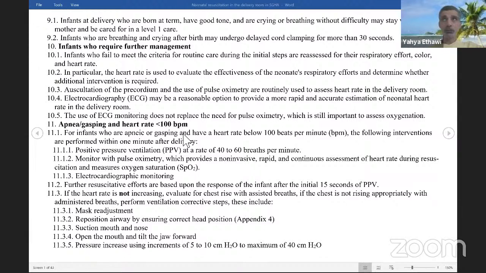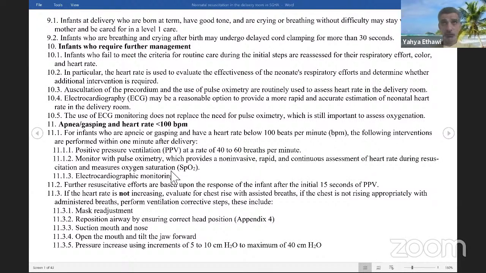When we decide to provide chest compression, we have to have effective ventilation, which means at that point we might think of intubating the baby. When we provide positive pressure ventilation, it should be somewhere between 40 to 60 events per minute, and that depends on whether there is chest compression or not.